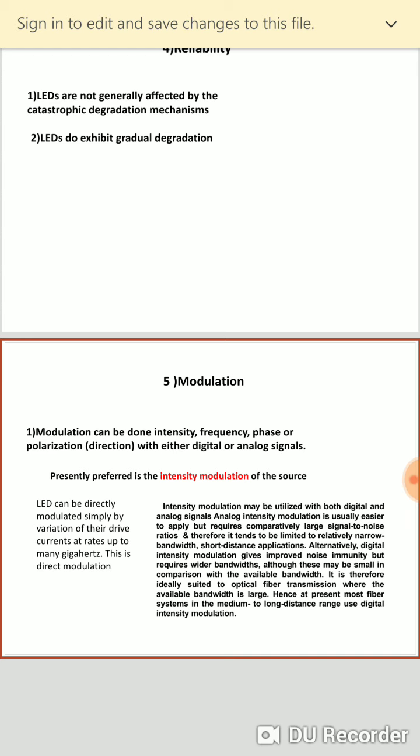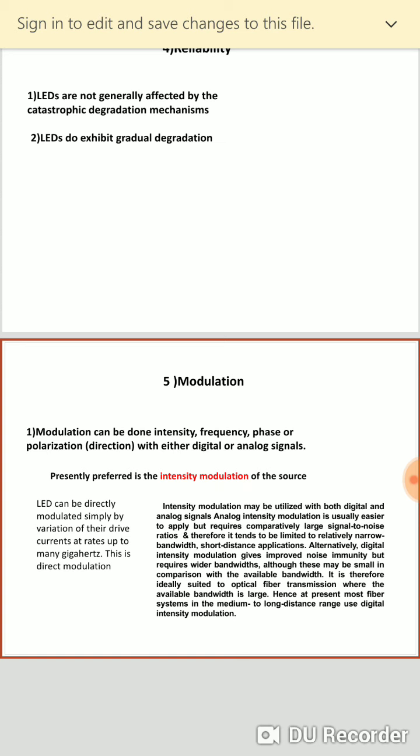The first two types of modulation are based on which modulating signal we are using, either analog signal or digital signal. If an analog signal is used for modulation, it is called analog modulation, and if a digital signal is used as the modulating signal, it is called digital modulation.